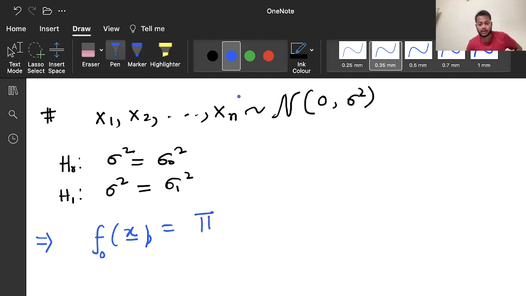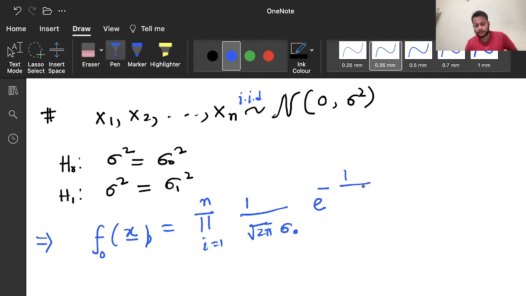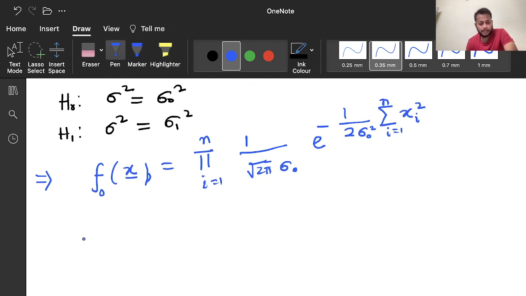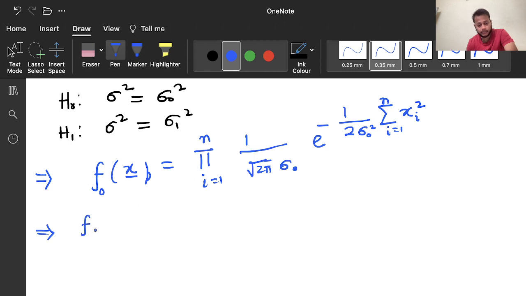Since they are all IID random variables, identically distributed and independent, it is the product over i equal to 1 to n of 1 by root 2 pi sigma 0 e to the power minus 1 by 2 sigma 0 square summation i equal to 1 to n xi square.